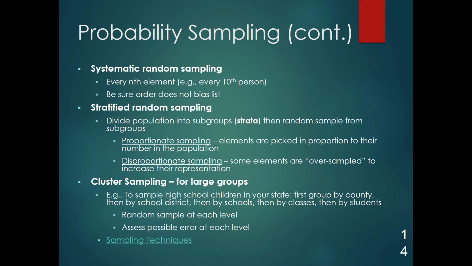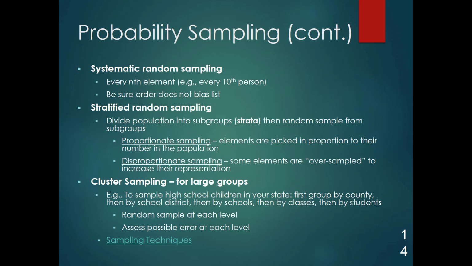So when it comes to systematic random sampling, the researcher decides where they want to start, right? It can be every sixth item, every ninth element, every 10th person. You decide that. Make sure that order does not bias your list.